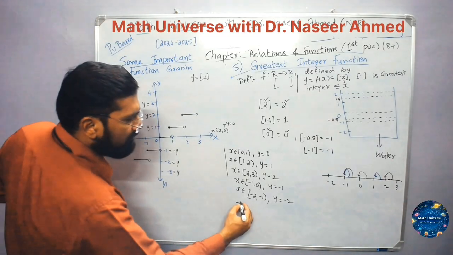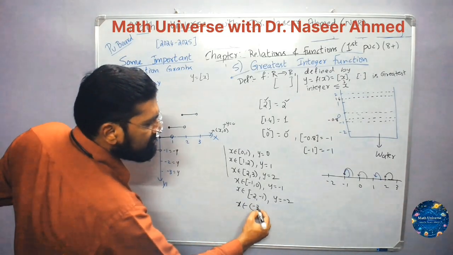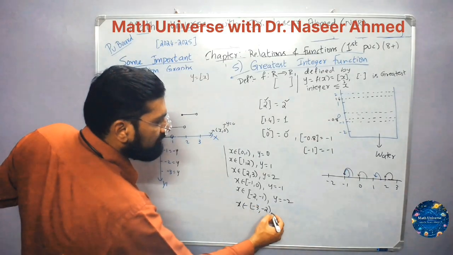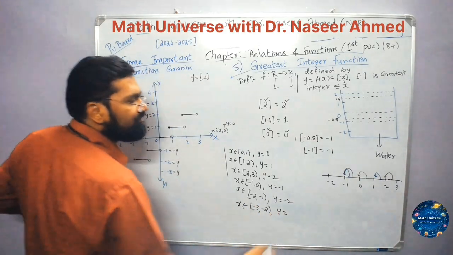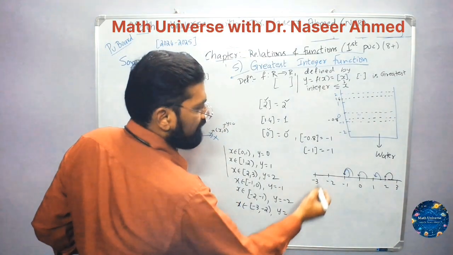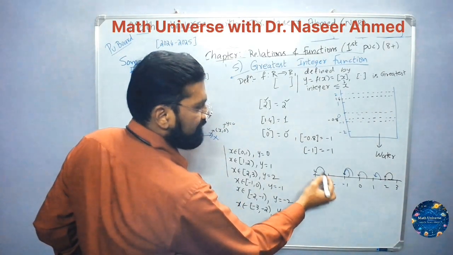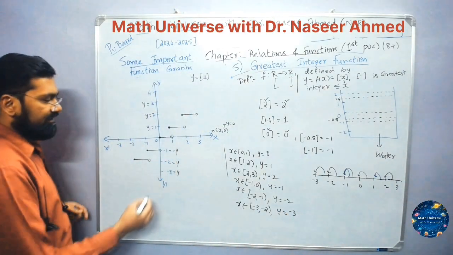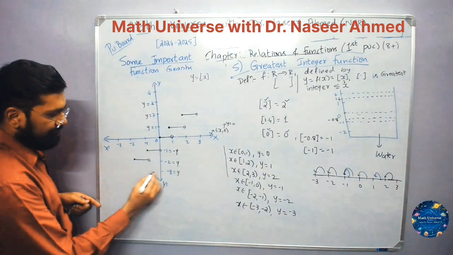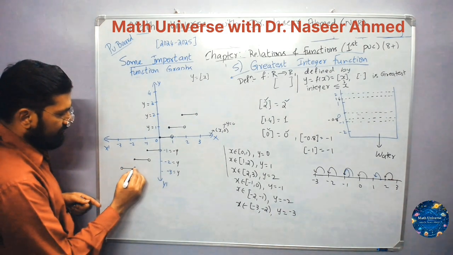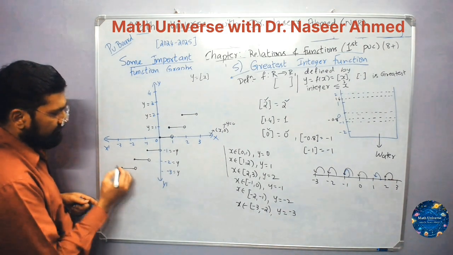Or we'll take one more, no problem. x belongs to closed interval minus 3 comma open interval minus 2. The value will be minus 3 for minus 3 to minus 2. Plot it here. What will happen? Minus 3 to minus 2 will always go left, the same as it went left here for minus 2. So here it is now minus 3. Here open and here closed.